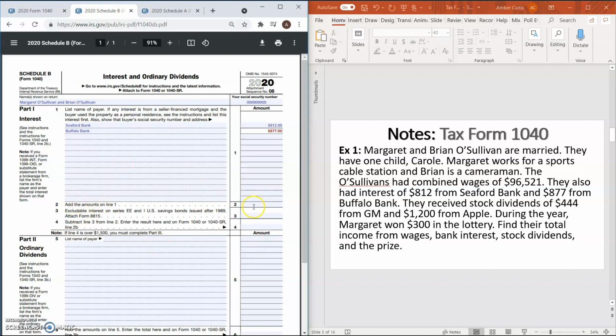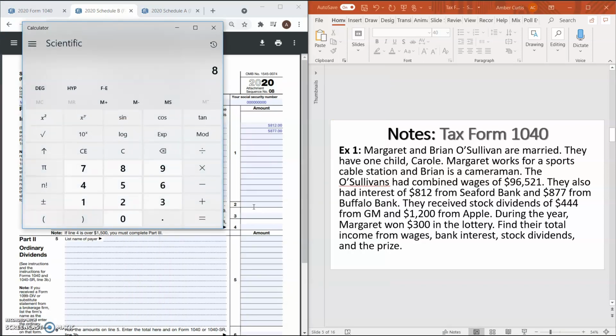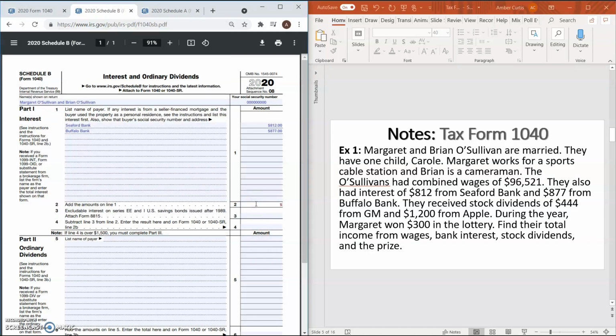On line 2, it says add the amounts on line 1. So we will take $812 and $877, and we see that the total is $1,689. Then on line 3, excludable interest on Series EE and US savings bonds, we're going to leave that blank.